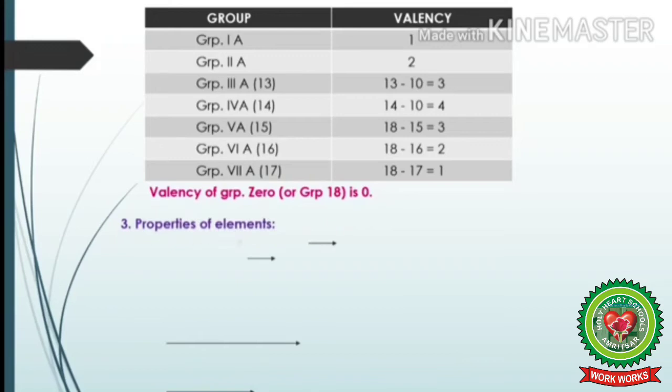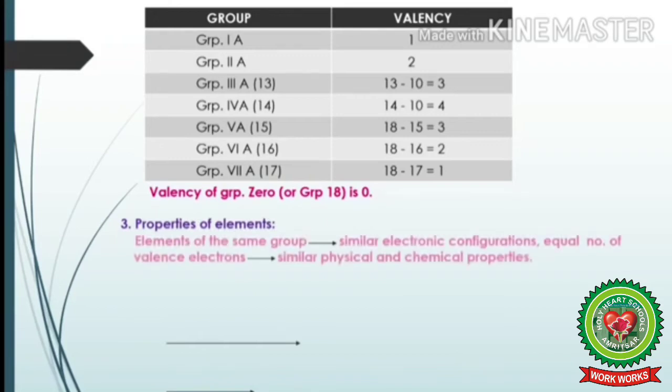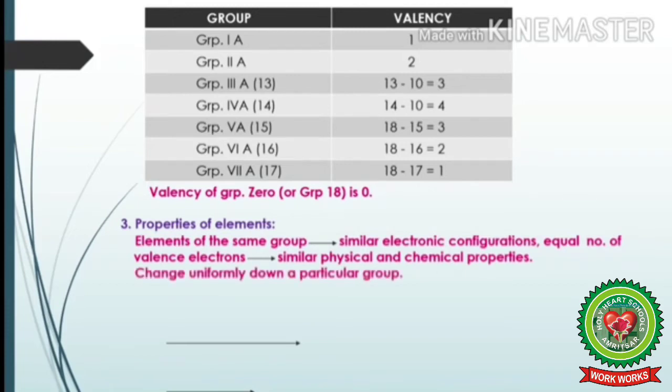Next is properties of elements. The elements of the same group will have similar electronic configurations and an equal number of valence electrons. Therefore, they have similar physical and chemical properties. So the properties of elements change uniformly down a particular group.